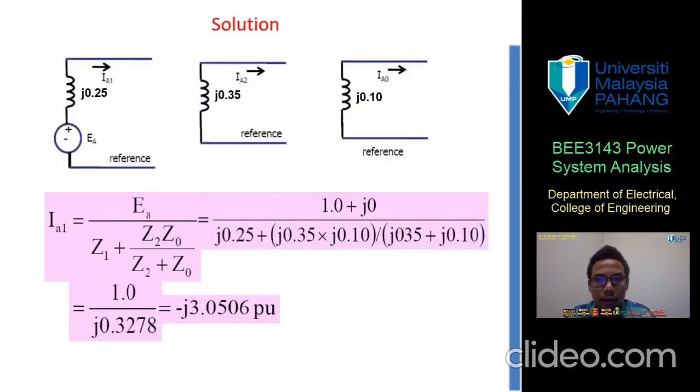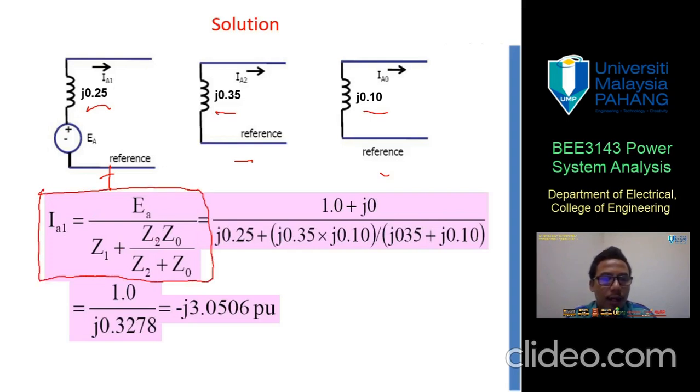As usual, first of all, we need to draw the positive sequence network, negative sequence network, and zero sequence network, with the values 0.25, 0.35, and 0.1 respectively. Then from the equation that we have learned before, IA1 equals EA over Z1 plus Z2 times Z0 over Z2 plus Z0. Because the value is not given, we simply assume 1.0 plus j0 for EA.